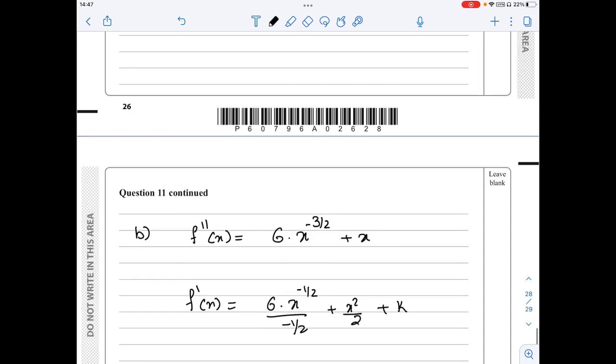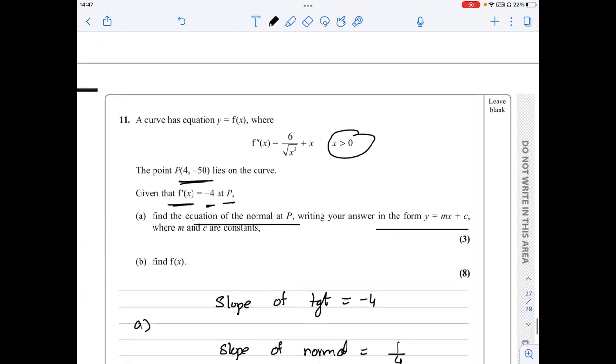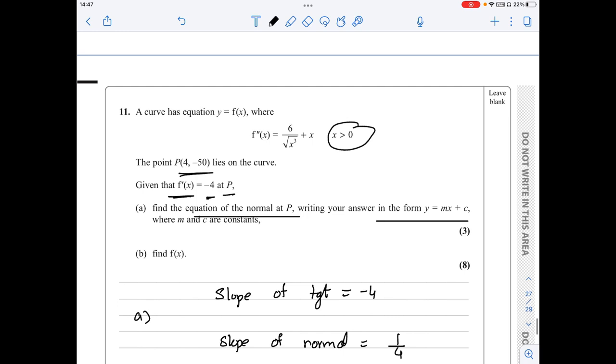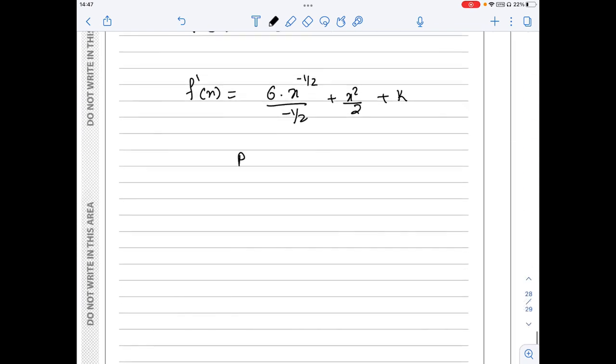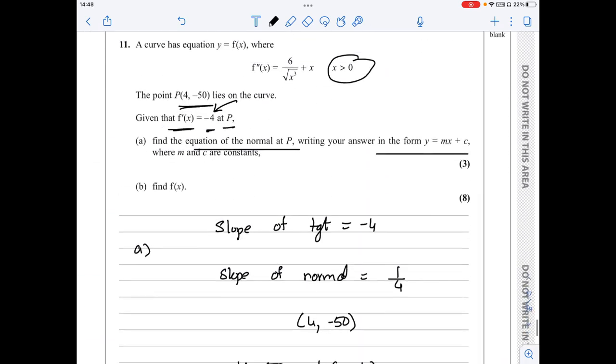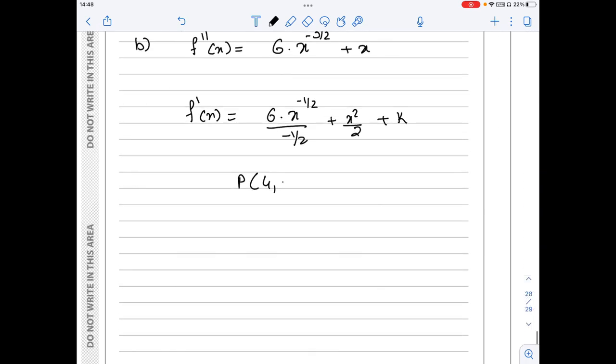But it passes through the point 4 comma negative 50, and we know that f prime x equals negative 4 at P. At P, 4 comma negative 50, the gradient is f prime x equals negative 4.